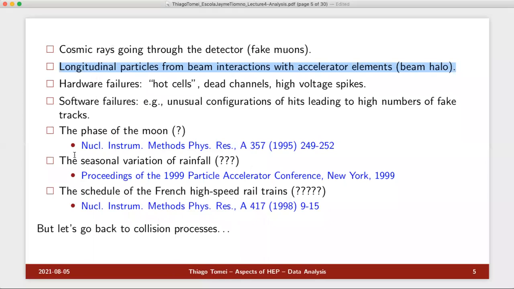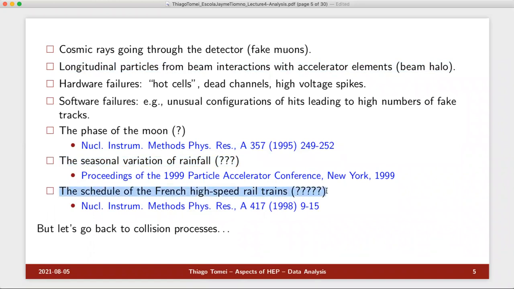Or the seasonal variation of rainfall. It rains more in summer than in winter. So the ground may swell a little bit because it's more humid. So that again misaligns.